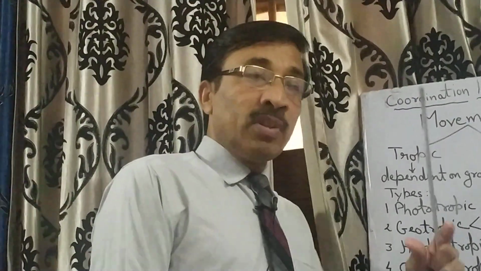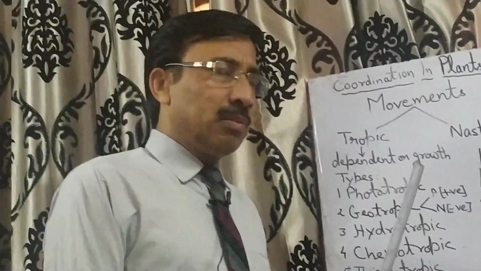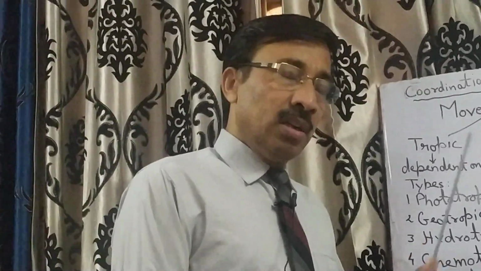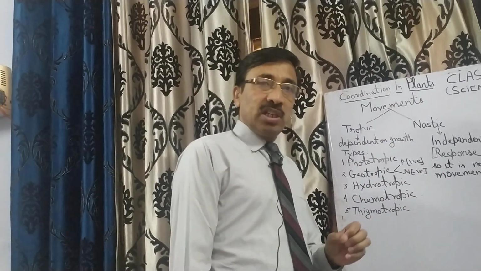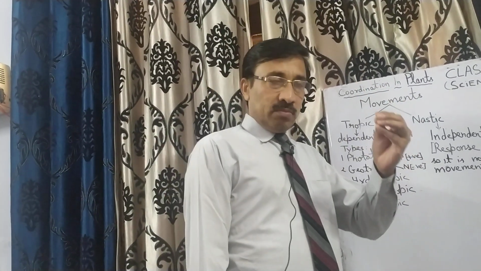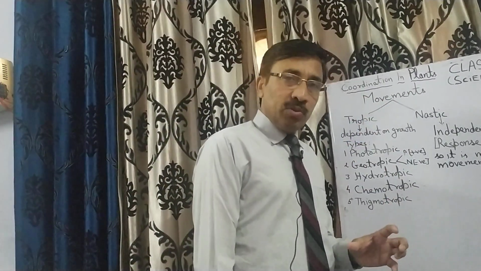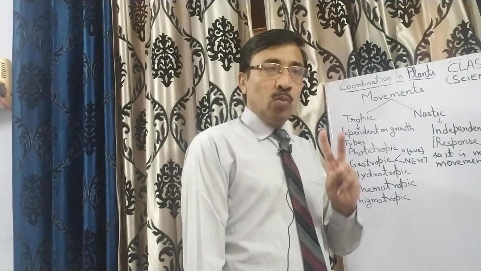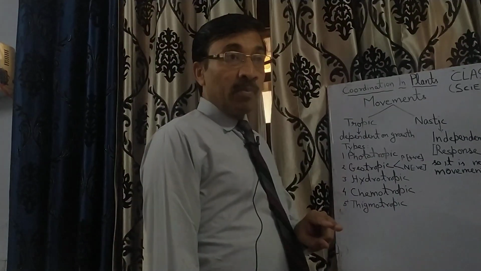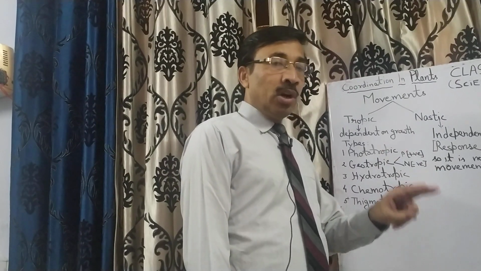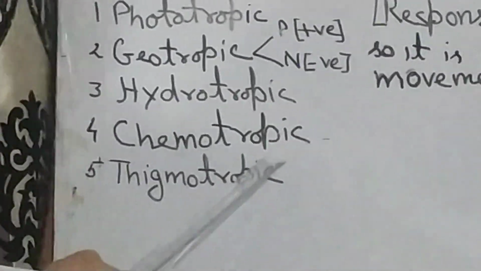Chemotropic movement means movement of any plant part towards a chemical. After hearing chemical, you may wonder what in a plant shows movement towards a chemical. I tell you, when fertilization takes place in a plant, the pollen grain falls on the stigma, and a chemical action occurs on the stigma, from where a pollen tube is generated. The pollen tube already carries two male gametes. These gametes themselves do not move, but the pollen tube moves towards the ovule, and this movement of the pollen tube towards the ovule to complete the process of fertilization is called chemotropism, or chemotropic movement.